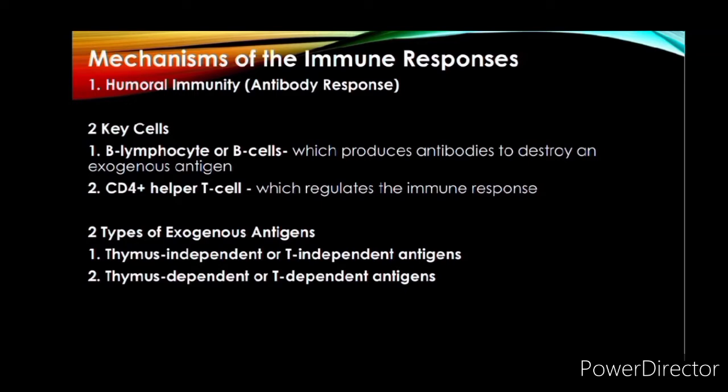These are the thymus-independent or T-independent antigens and the thymus-dependent or T-dependent antigens. B cells can bind both antigens directly. That is, these antigens do not need any processing by the antigen-presenting cells.